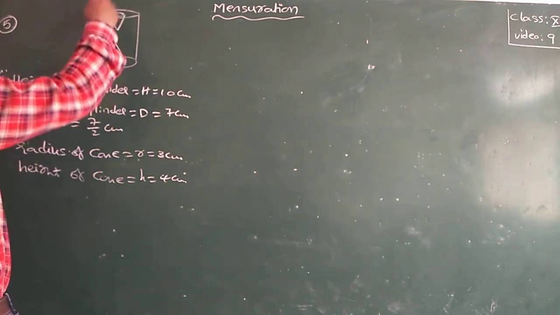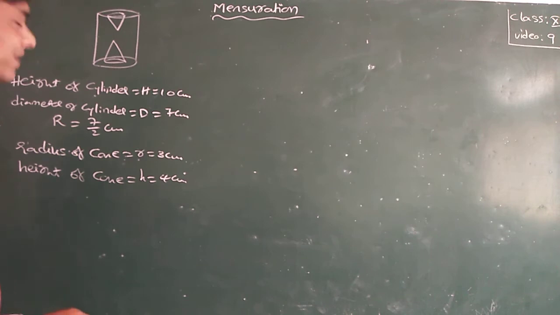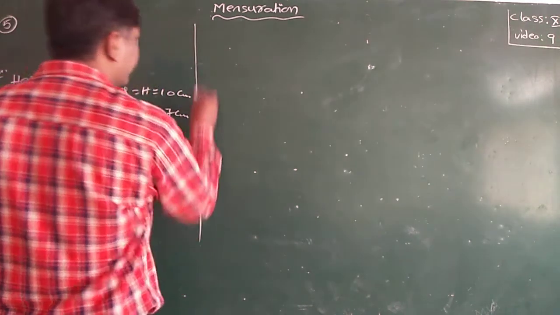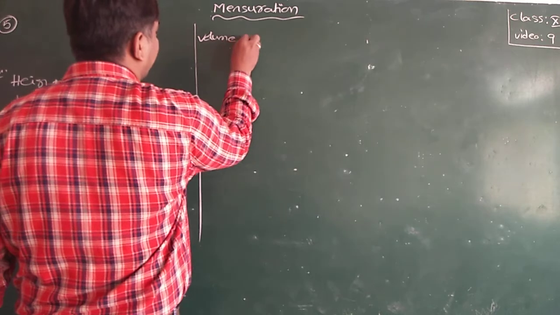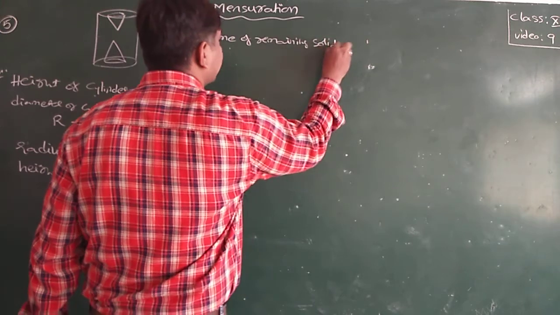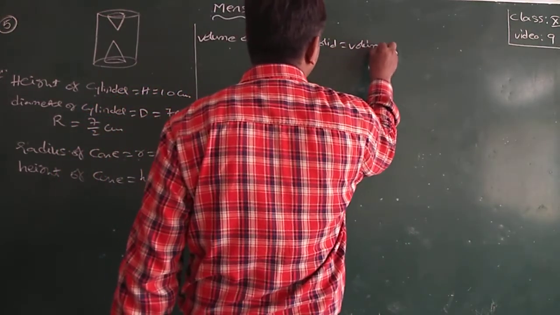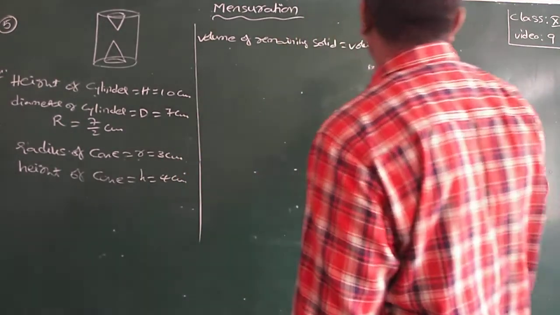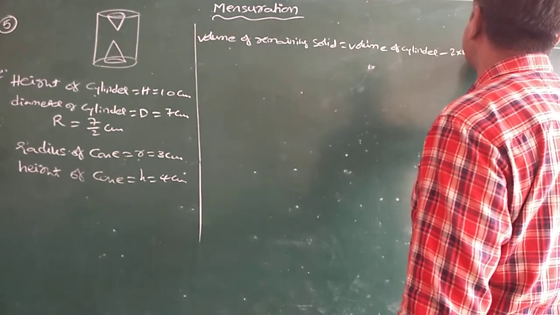Now, these are removed. Leftover volume they asked. Volume of remaining solid is equal to volume of cylinder minus 2 into volume of cones.